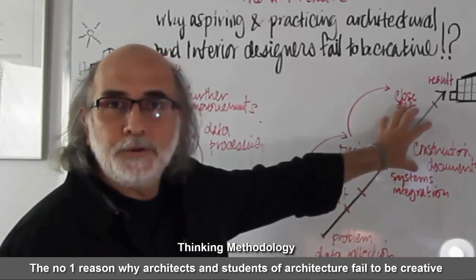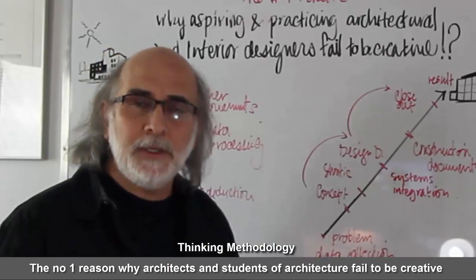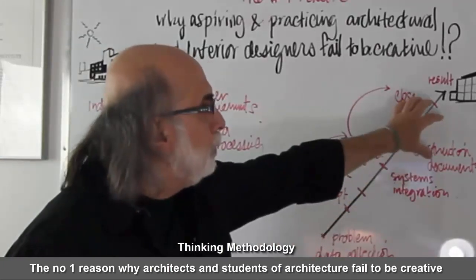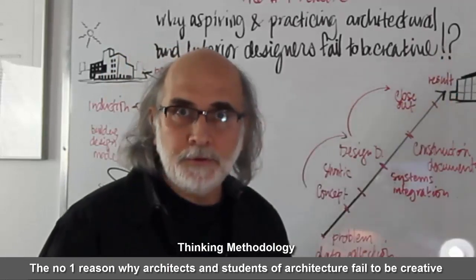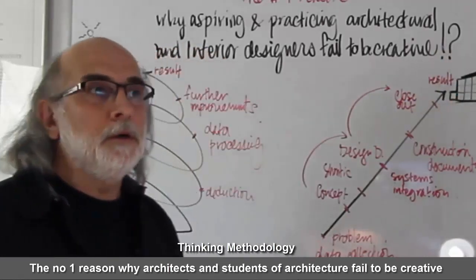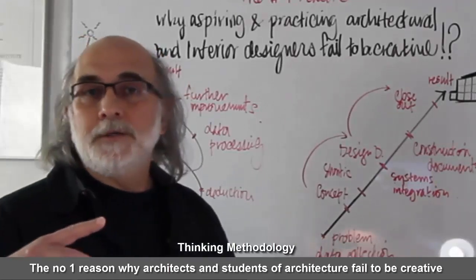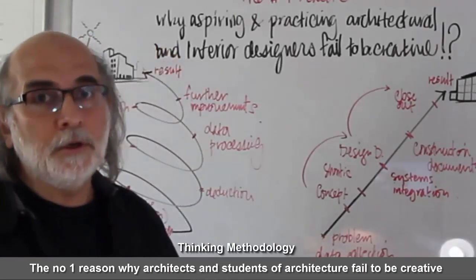And then you move on to the construction documents, which is basically the detailing of the project all the way to the closeout and the final result. Now, where are the other aspects other than the function, such as the climate, such as the culture?